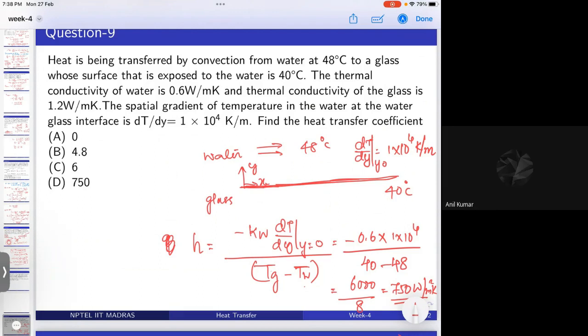Sir, can't we equate Kf dT by dy equal to h (Ts minus T infinity)? Okay, K dT by dy. But that is what I did.